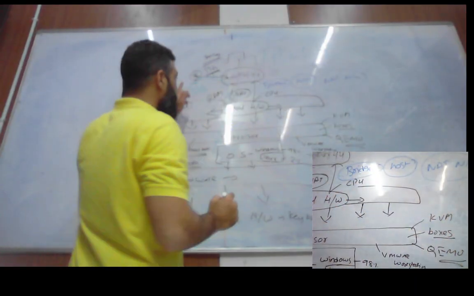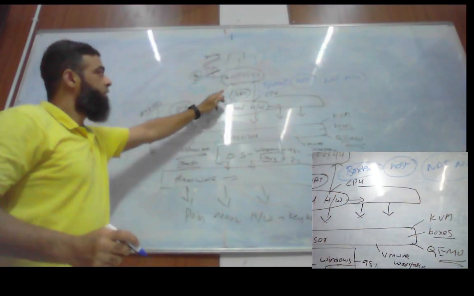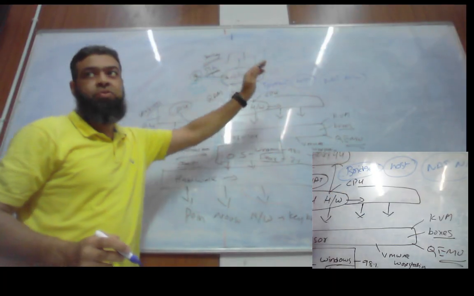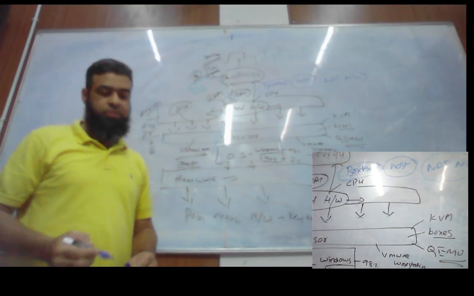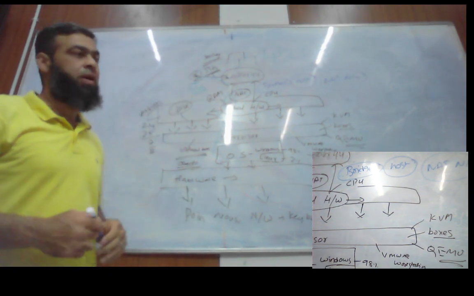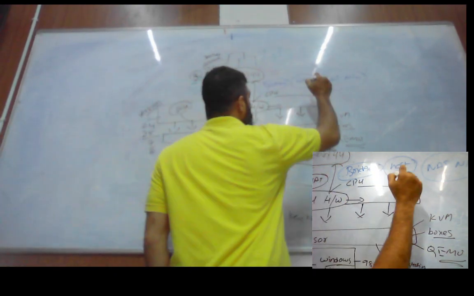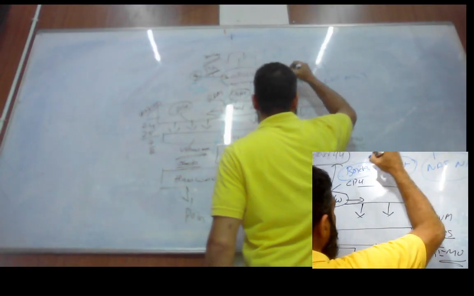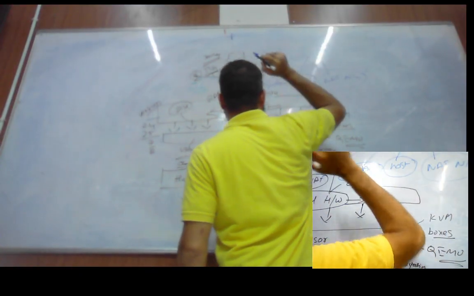How do you want to connect? So your NIC card will give you that. Based on how many NIC cards you want to connect, you will connect. Let's say I want to connect one to NAT network, one to host, one to bridge, one to NAT.